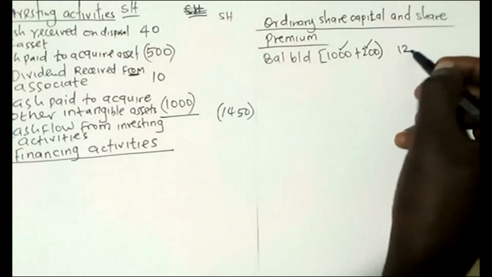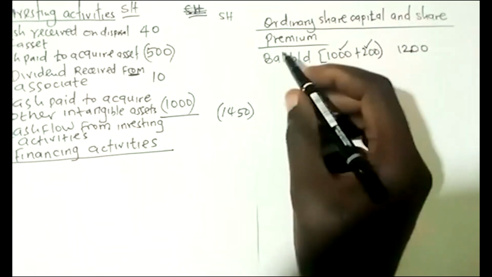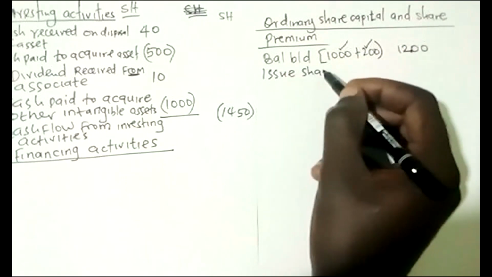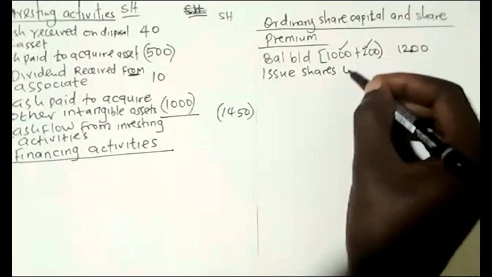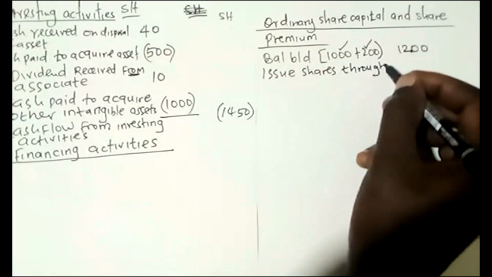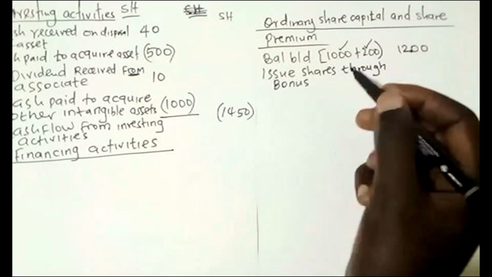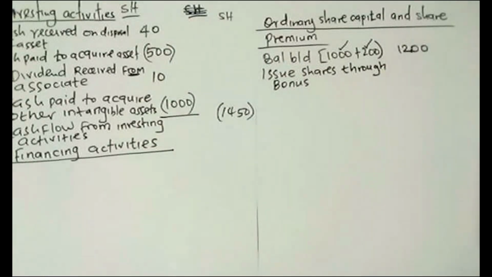So you get 1,200. Then after that, we check issue of shares through bonus. What is a bonus? Shares issued for free to the existing shareholders on a certain proportion.